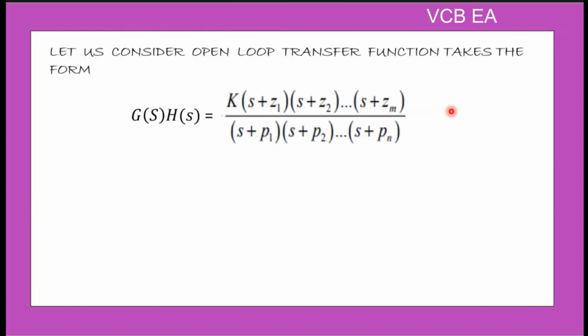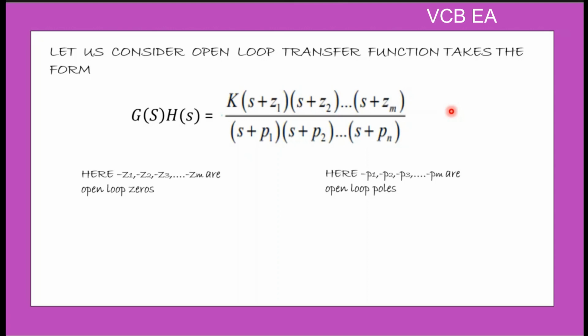Let us consider that the open loop transfer function takes the form K into S plus z1, S plus z2, and so on, S plus zm, whole divided by S plus p1, S plus p2, and so on, S plus pn. Here, minus z1, minus z2, and so on, minus zm are open loop zeros, and minus p1, minus p2, minus p3, and so on, minus pn are open loop poles.